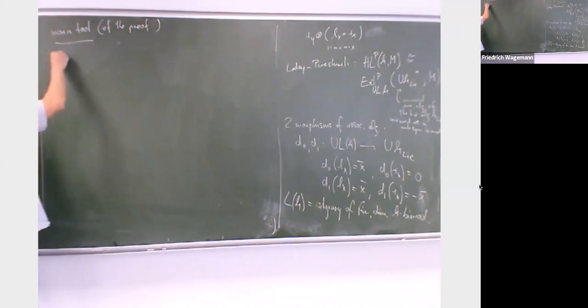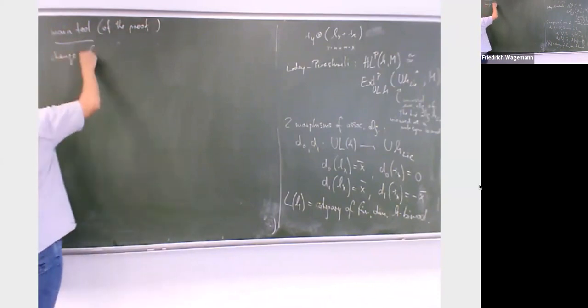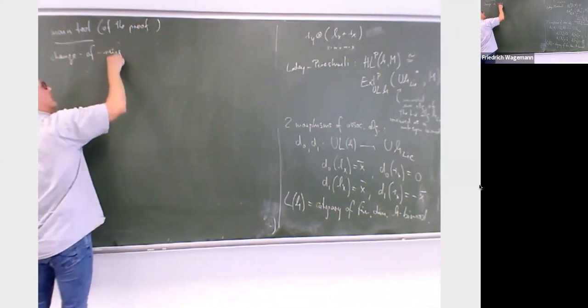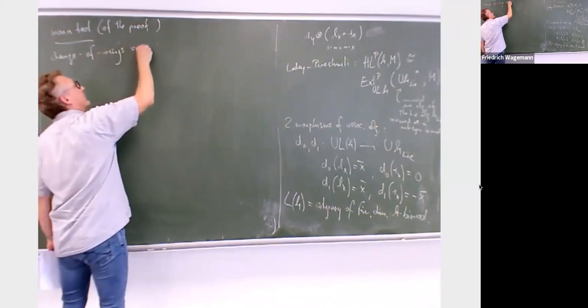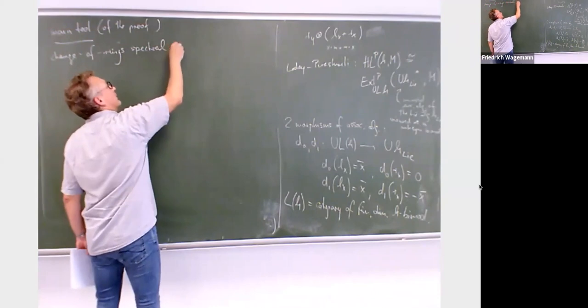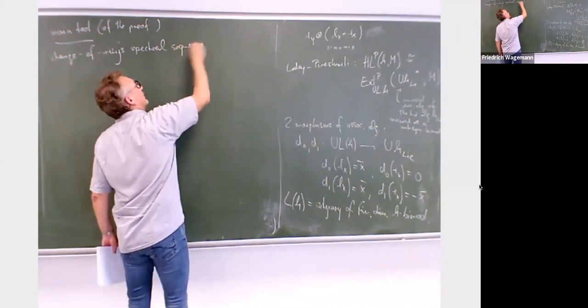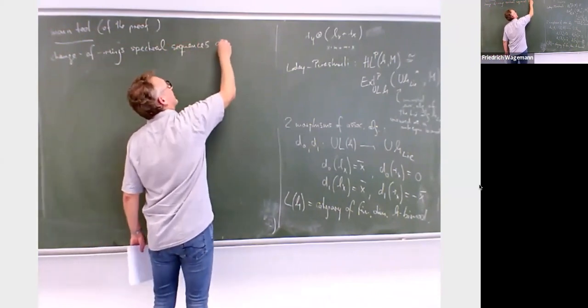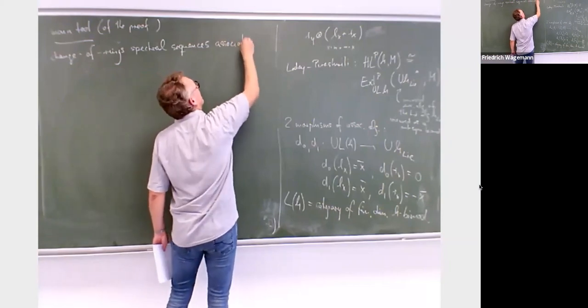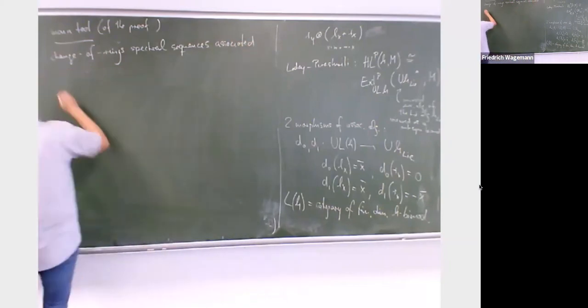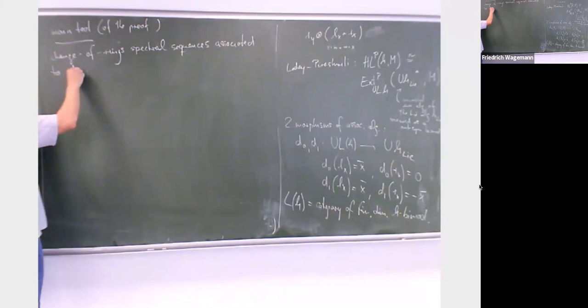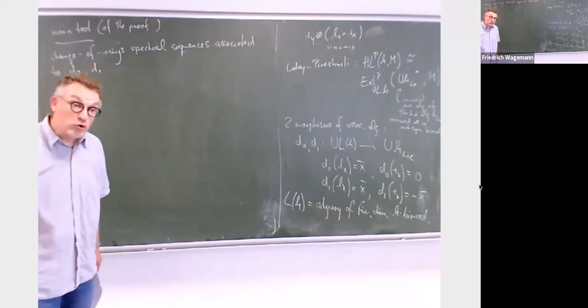These are the change of rings spectral sequences associated to D0 and D1. This is a very old tool.